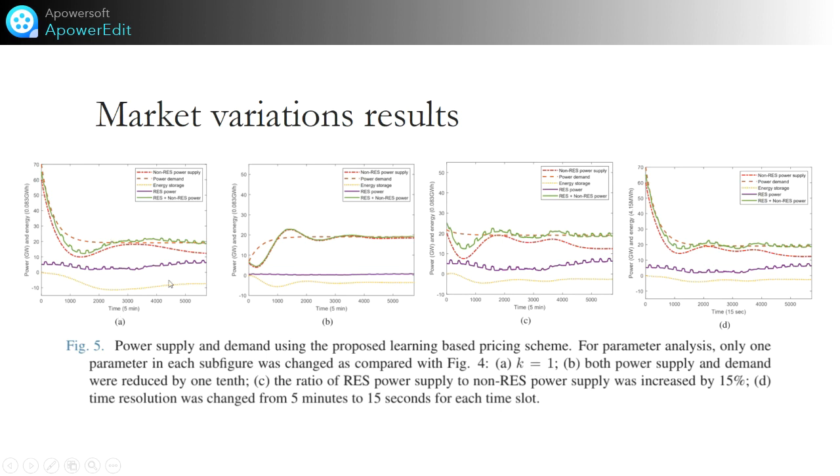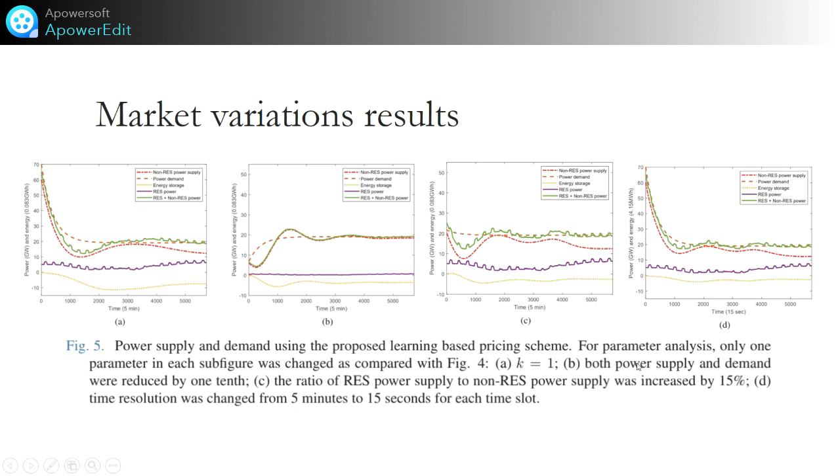So we can see from figure A that the time for power generation and demand to reach balance is longer than 1800. Instead, it now becomes 3000 time slots.